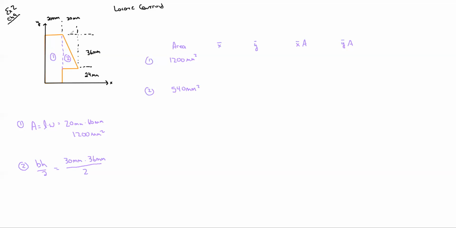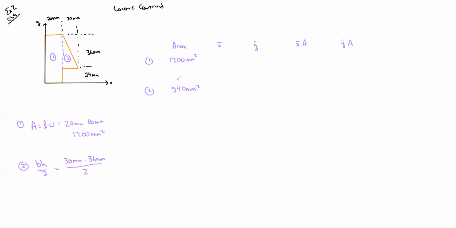So one more time, the area of the rectangle was 20 millimeters times 60 millimeters. 24 plus 36 is where the 60 came from. And then the base of our triangle is 30 millimeters, and the height of the triangle is 36 millimeters. That's where that came from.